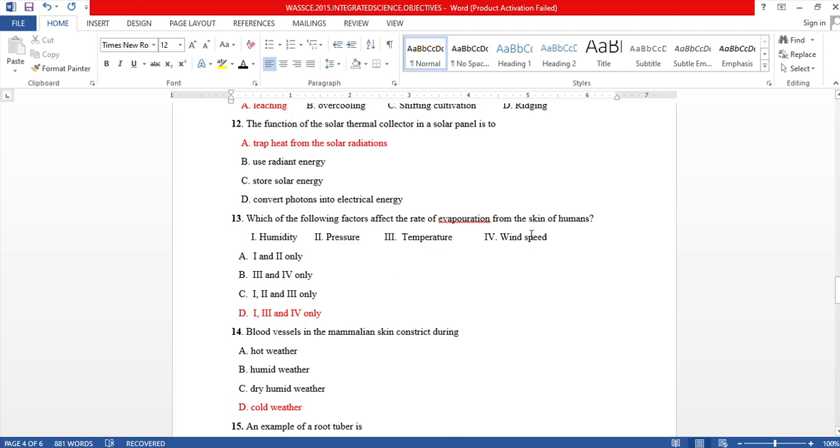Now, for evaporation to take place, or let's say in this case for sweat to evaporate from your skin, humidity should be low. You realize that during Harmattan, your sweat, things get dry faster. Why? Because the atmosphere itself has less water.